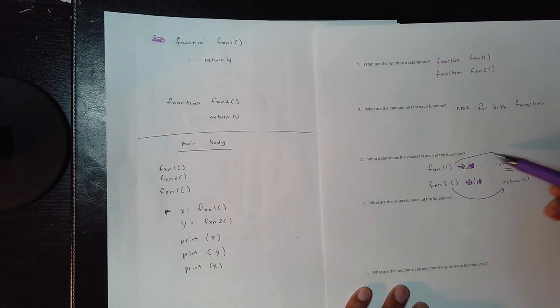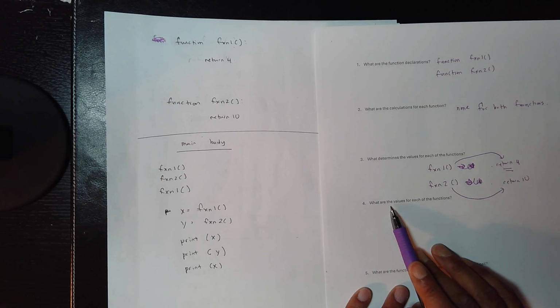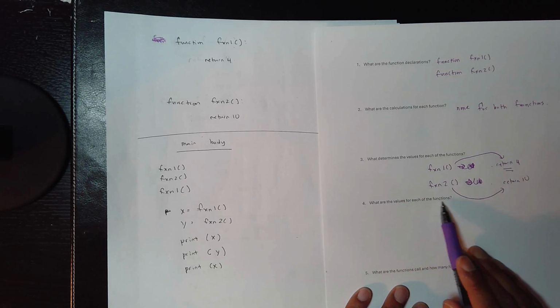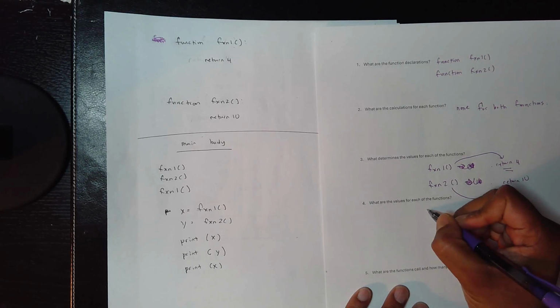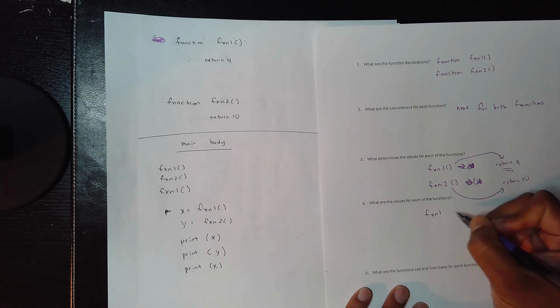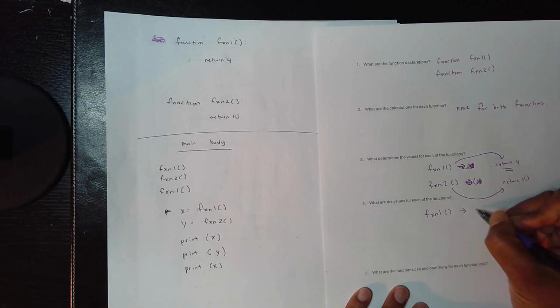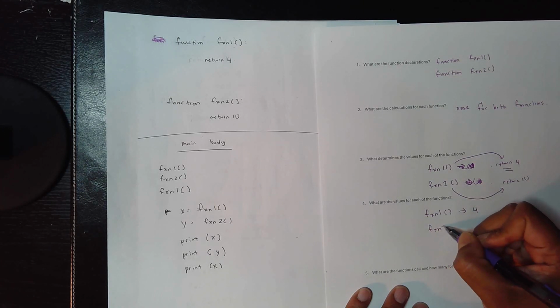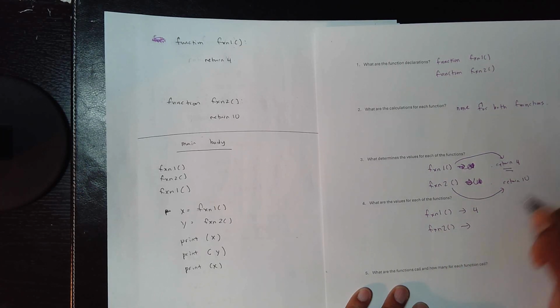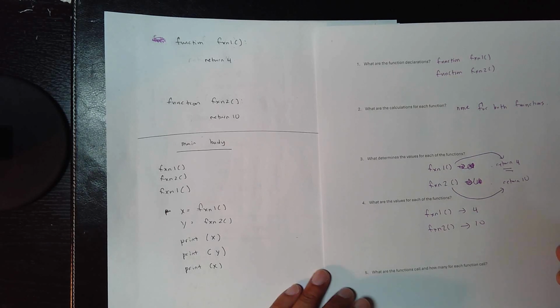Now the next question is, what are the values for each of the functions? Again, you're returning what value? 4. So for function 1, you're giving a value of 4. And for function 2, you're giving a value of 10. Okay, does that make sense?